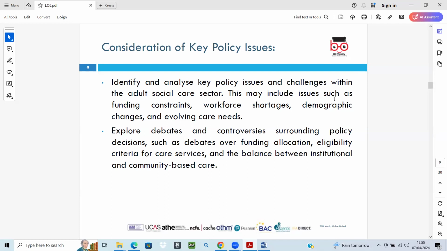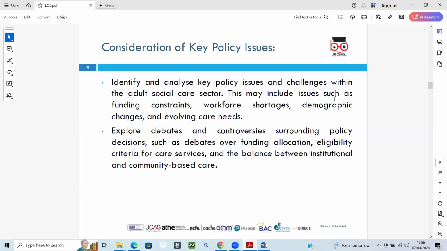Then we always need to check for evolving care needs for the individual as well, and generally in the country specific context we always look at evolving care needs. Then we always need to make a balance between institutional and community-based care. There is always a debate going on about the emphasis of institutional care, such as care homes, versus community-based care, such as home care services.